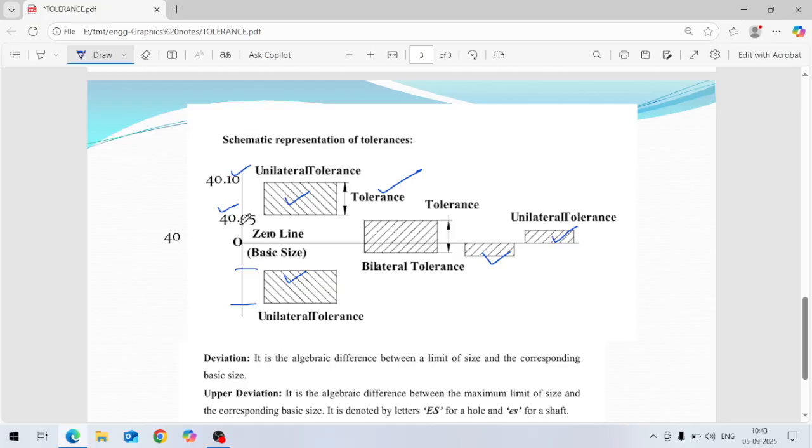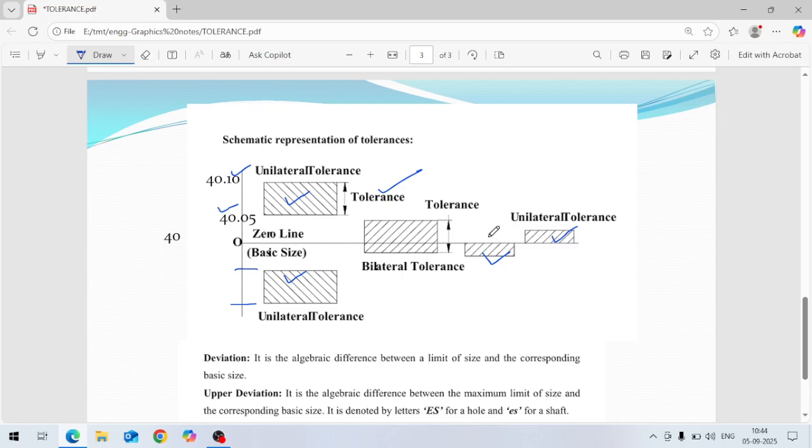So this 0.05 is called the lower deviation also, and it is the fundamental deviation also. If you see, the one which is near to the basic size is called fundamental deviation.